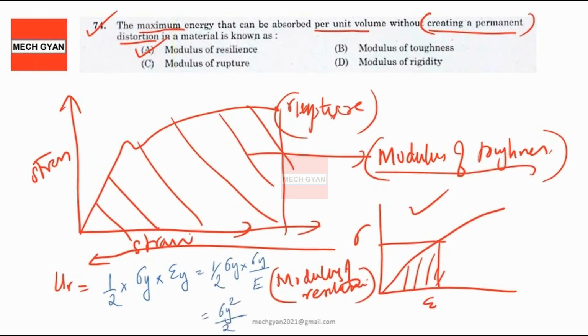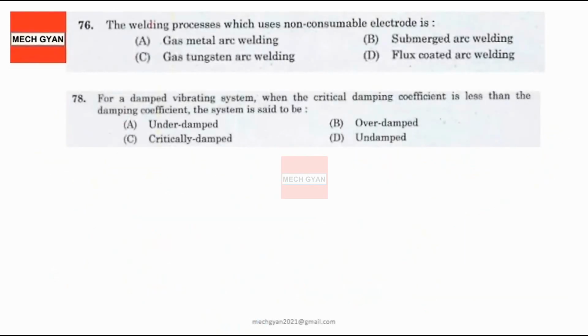This is an expression for modulus of resilience. So proof resilience is the area under the stress strain curve up to the elastic limit. So the maximum energy that can be absorbed per unit volume without creating a permanent distortion of the material is modulus of resilience. So next question, the welding process which uses a non-consumable electrode is, answer is option C, gas tungsten arc welding.